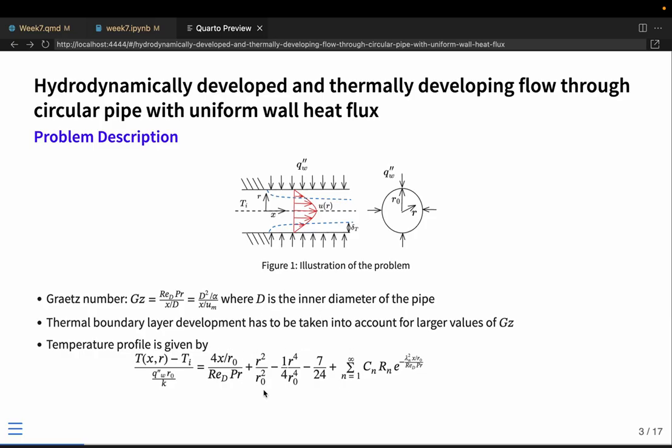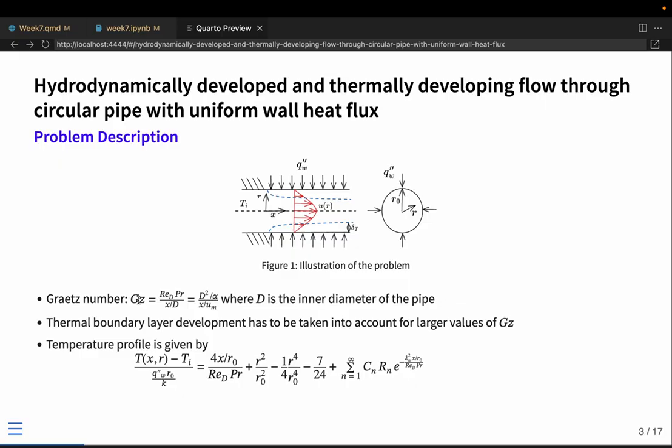Of course, there is the radial variation that we already discussed last week for a fully developed flow. The most important number that tells us whether this term will go to 0 or not is the one in the exponential term: lambda n squared times this term. This term, x over r naught divided by Re Pr d, the inverse of this is what we defined as the Graetz number.